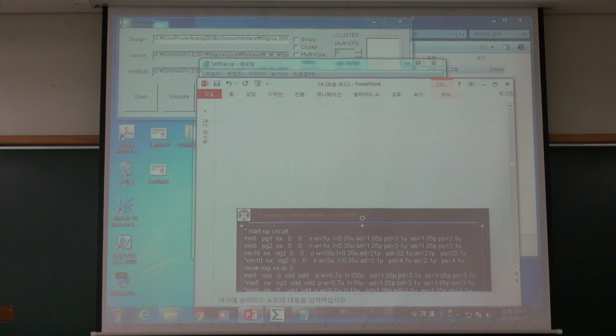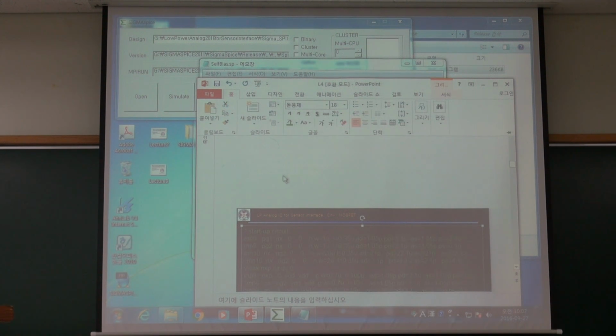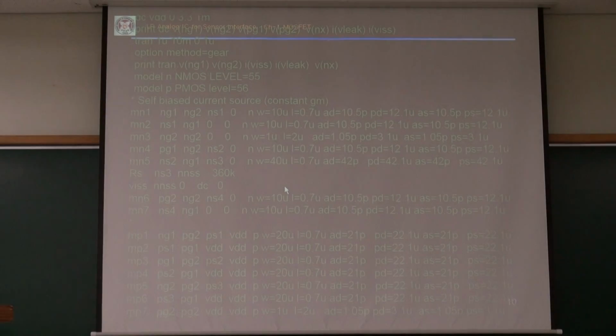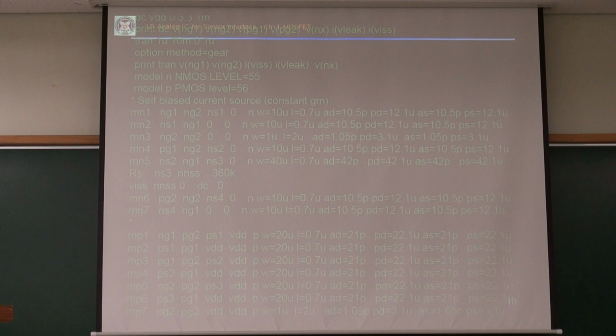Okay, this is a startup circuit part. So here is the main self-bias circuit. We have 10 by 0.7 for NMOS, and the diode is 1 by 2.